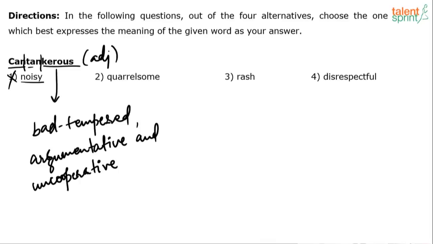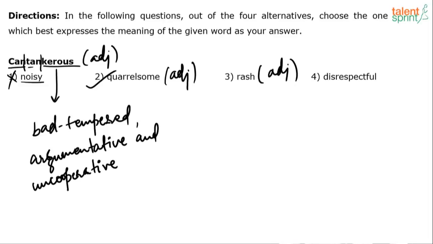Quarrelsome is also an adjective, which means someone who is characterized by quarreling. Someone who's always quarreling is quarrelsome, someone like a cantankerous person. So yes, option number 2 is the right answer, quarrelsome.